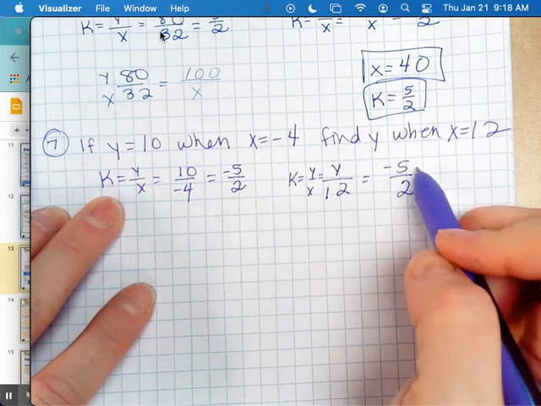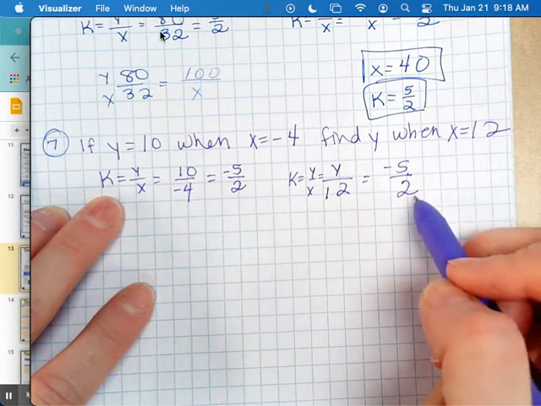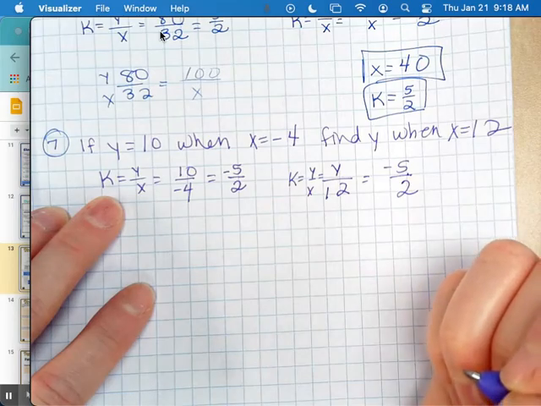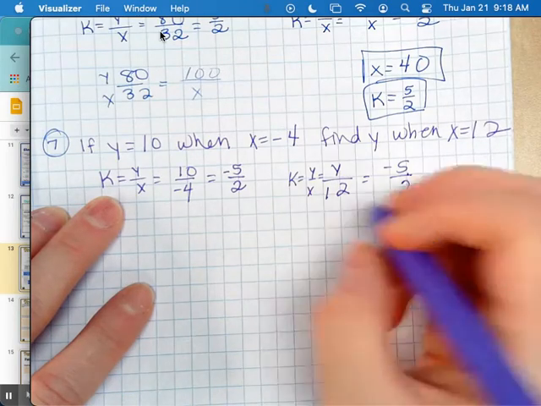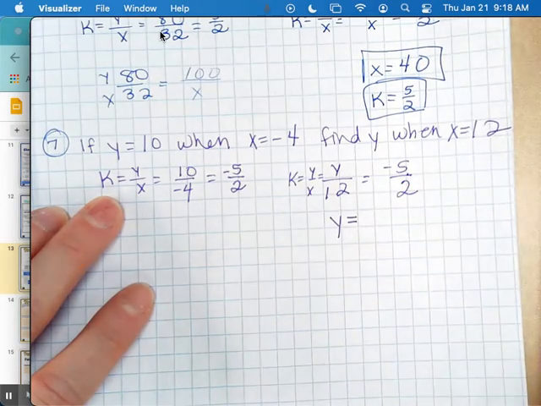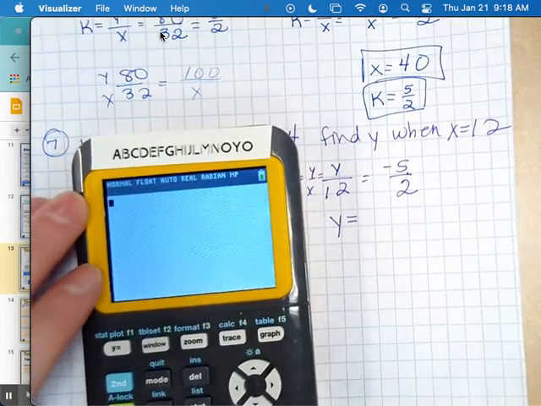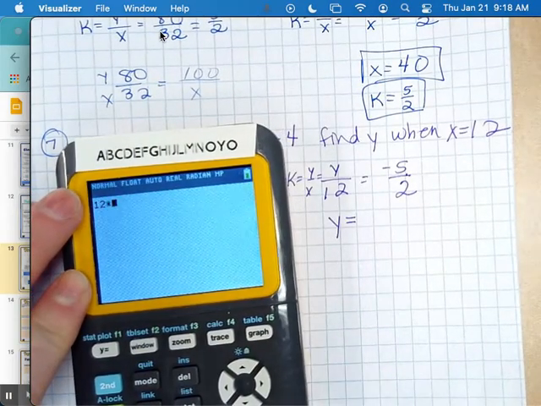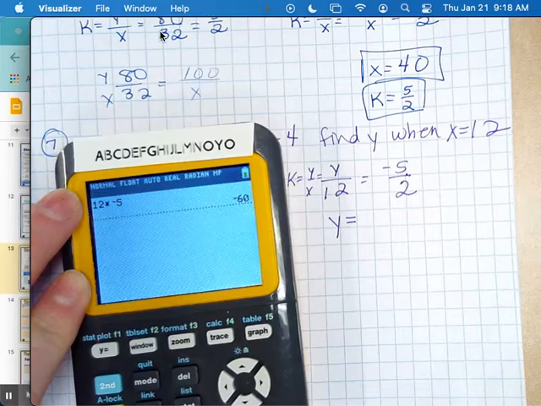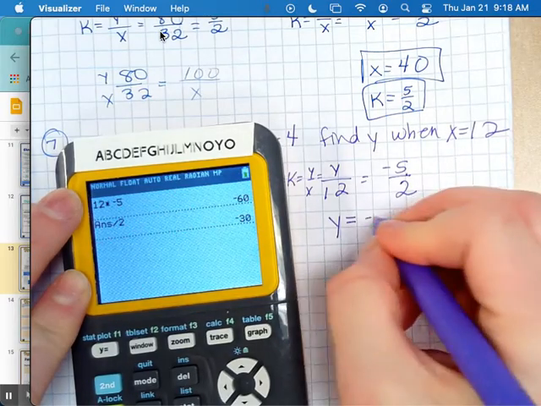So 12 times the -5 and then divide by 2 equals -30.